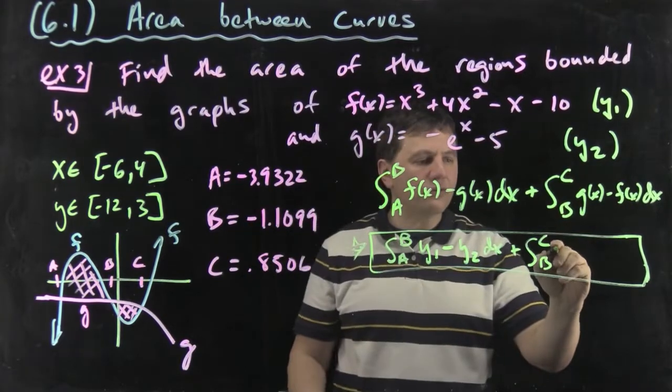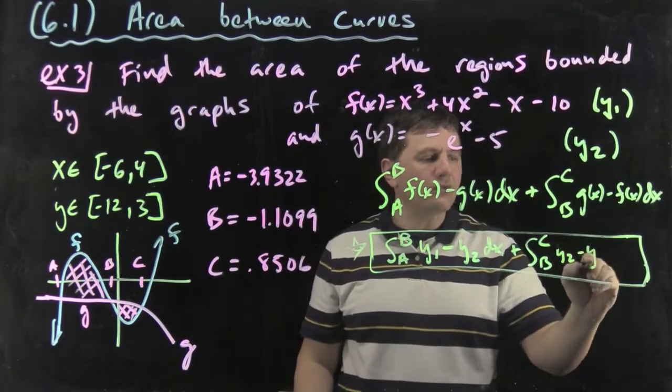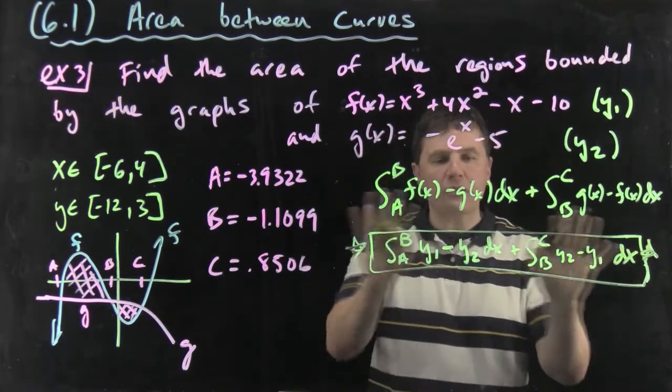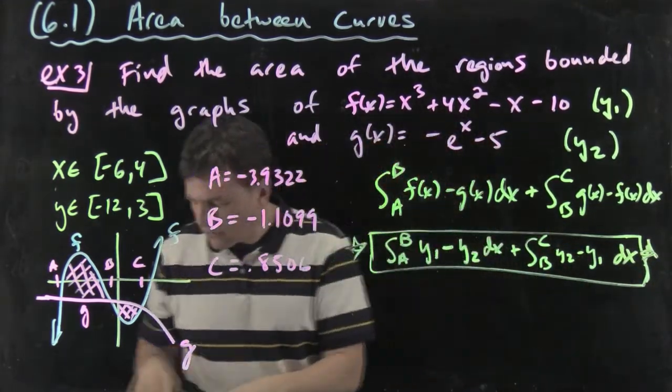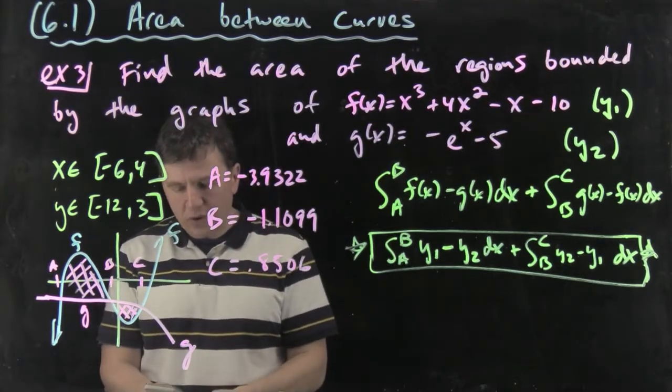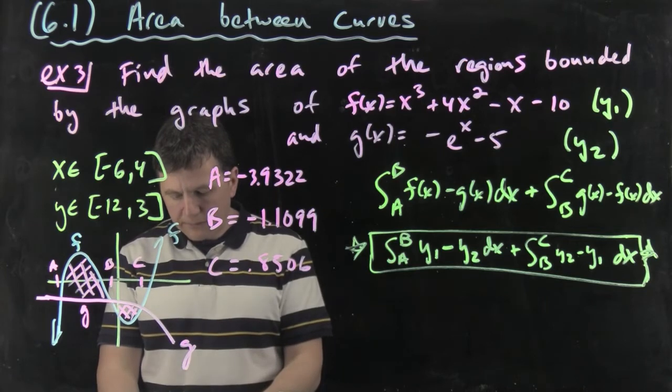So g is our y sub 2, so y sub 2 minus y sub 1, and then dx. Once again, this does not go on your paper, that's just for your calculator. So let's go ahead and calculate that. If you have to pause this to do any of that, feel free.